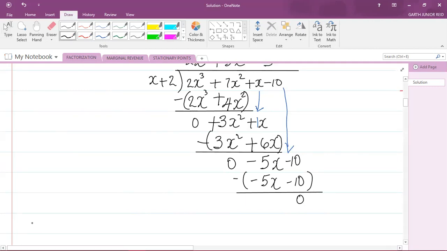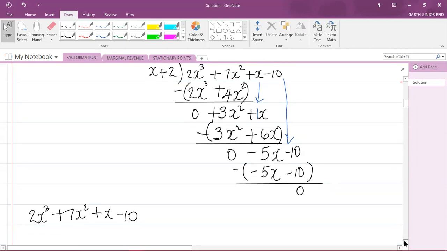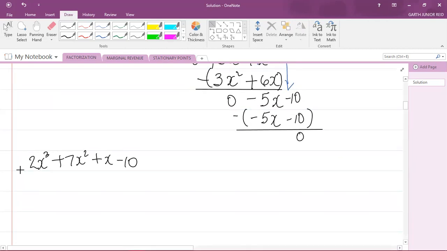So now that we have done our division, what can we say now? Well, this is what we did. We divided 2x cubed plus 7x squared plus x minus 10, all right? I divided that polynomial there, which is g of x, by x plus 2, okay? And I can now say that whenever you divide any two polynomials, it is going to be the same as the quotient that you have obtained, okay?